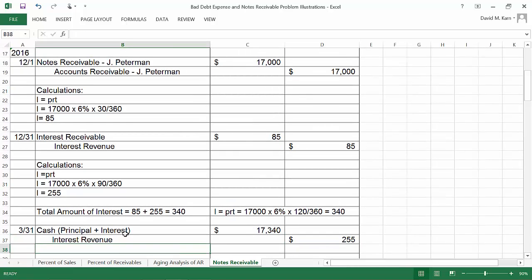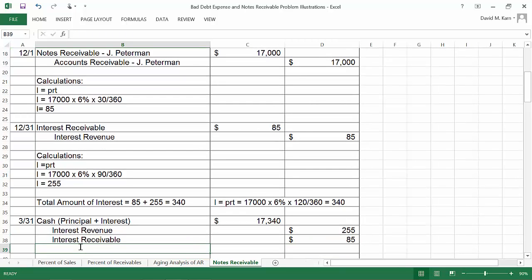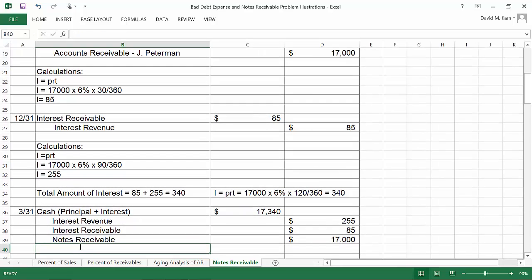And then remember that we have this interest receivable here that is no longer going to be owed to us because they're paying in full, so we can get that off the books by crediting it and reducing it to 0. And that was for 85. And then remember that they're paying off their note, the principal amount, so notes receivable is credited for the $17,000 amount.